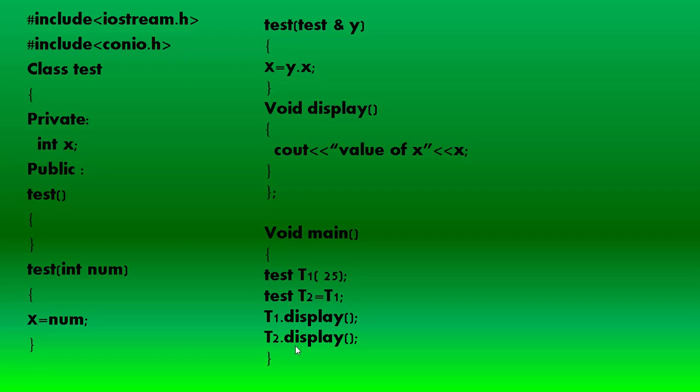Now t2 dot display will display the value of x, that is 25. So when one object is copied to another object, the data which is accessed by t1 will also be accessed by t2.